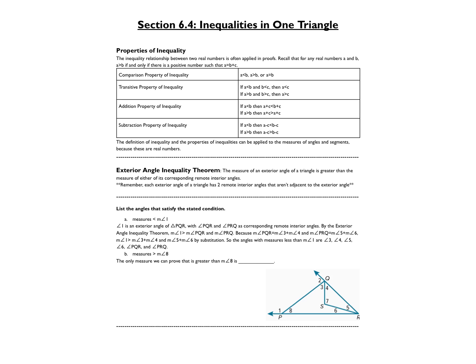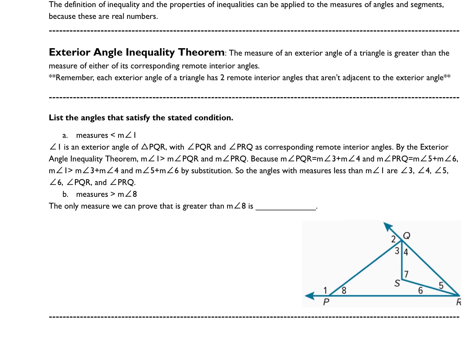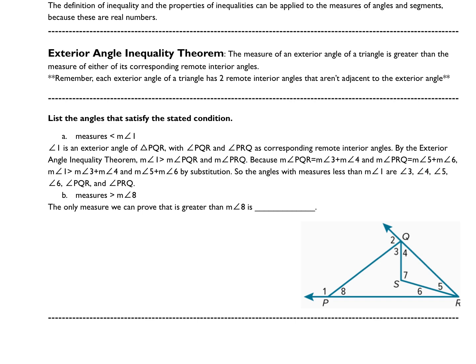So we can use what we call the exterior angle inequality theorem to determine angles that are going to be greater than or less than certain angles. Remember that each exterior angle of a triangle has two remote interior angles that aren't adjacent to the exterior angle. So here, list the angles that satisfy this condition.